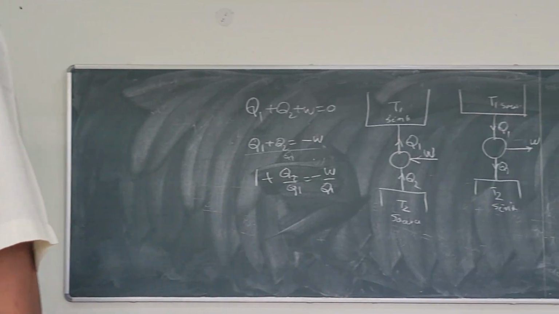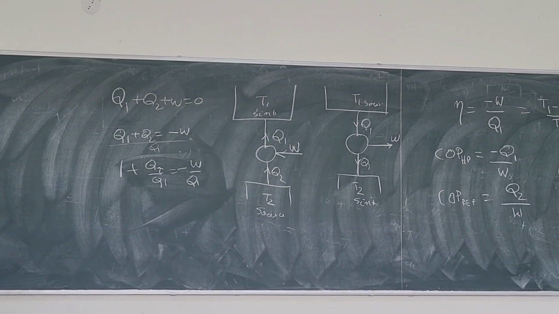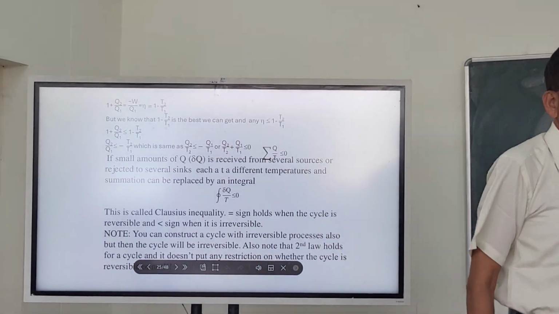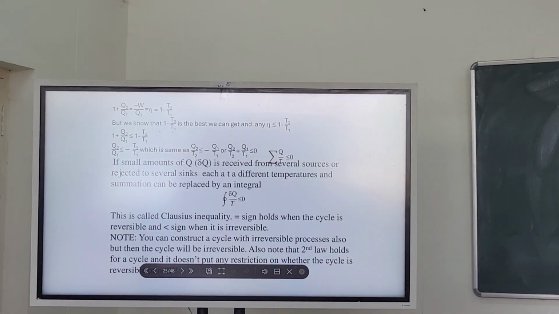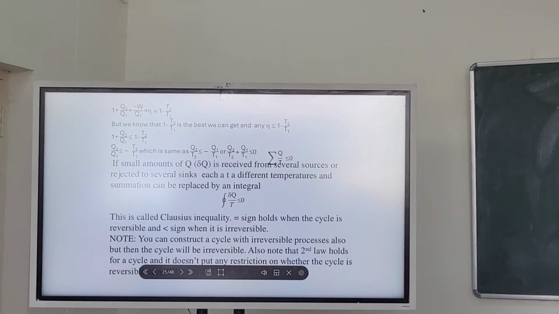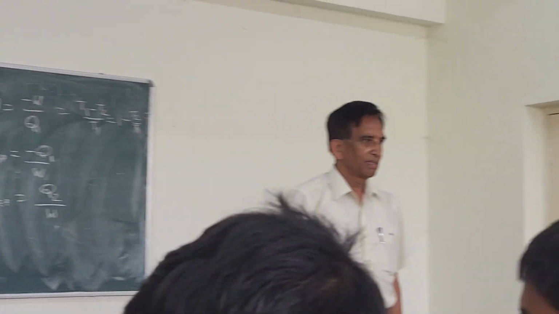So Q2 by T2 should be less than or equal to minus Q1 by T1.